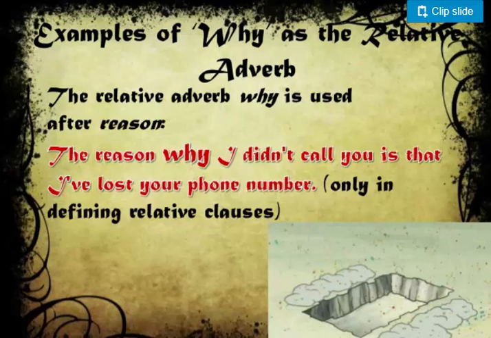Because what is the reason? As I lost your phone number, that's why I didn't call you. So why is always used with the defining clause, not with the non-defining clause.